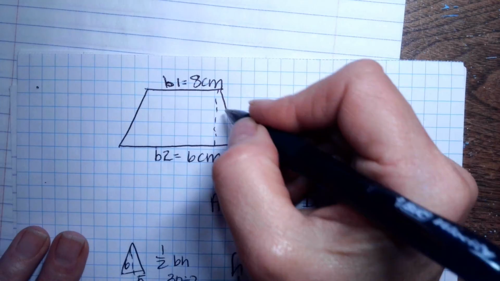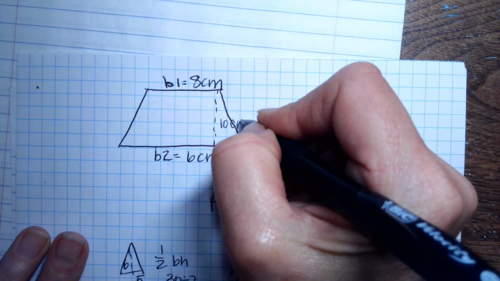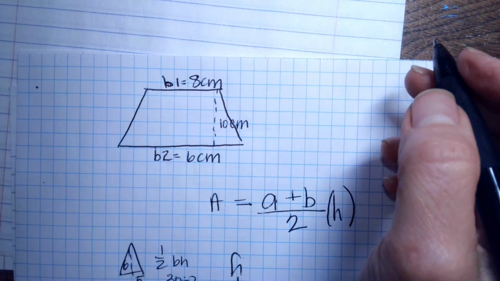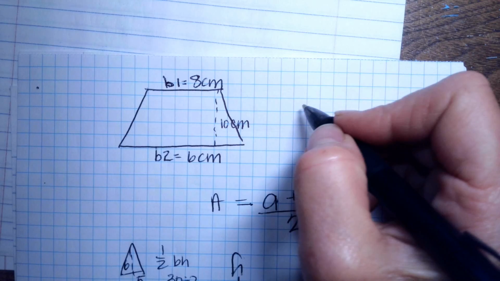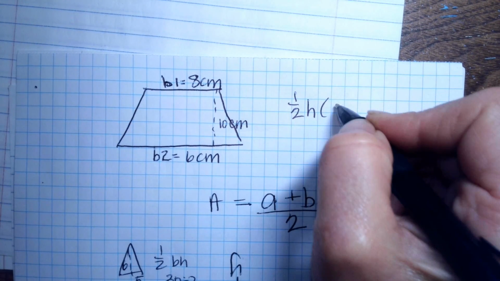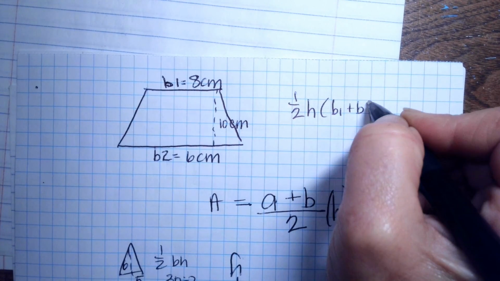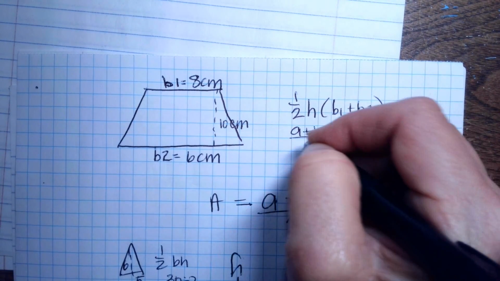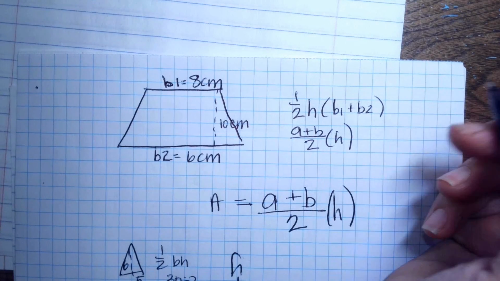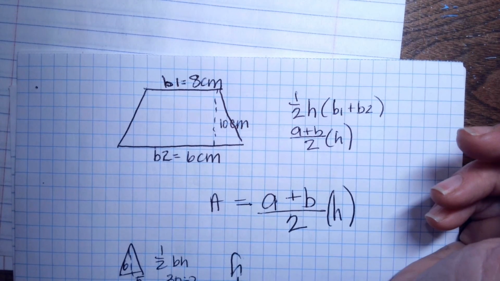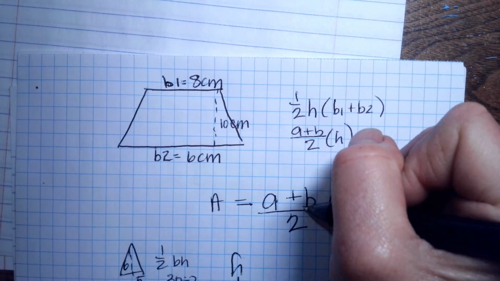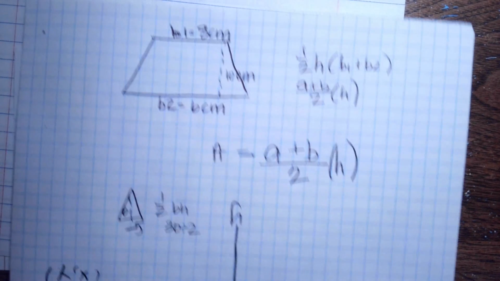And then the height is 10 centimeters. So we can show it different ways: 1/2 height times B1 plus B2, or we can do A plus B divided by 2 times H. It's the same thing, so you can do whatever you want. I like this better, so I'm going to do this.